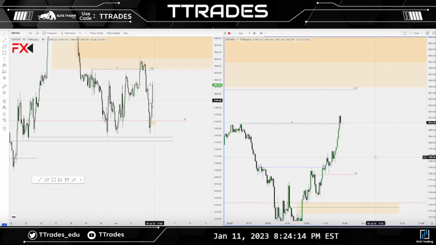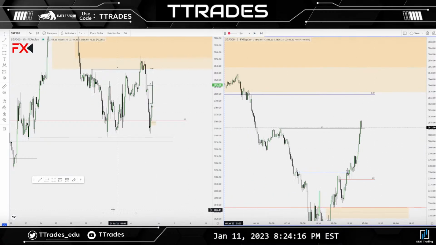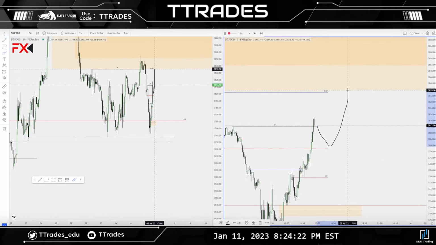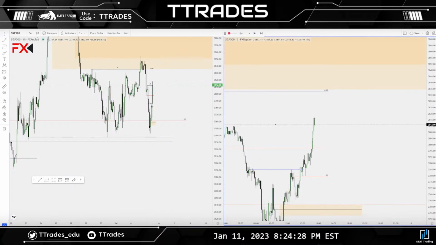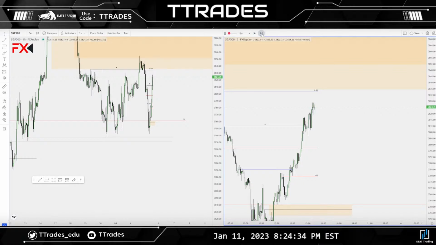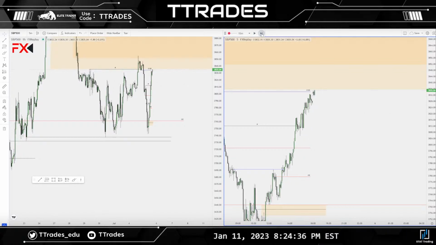I think we might get a little pullback here. I'd expect something like this, depending on time of day, 1440. Might just continue to rip higher. We'll see. Yeah, so I would have missed that move, which is fine.